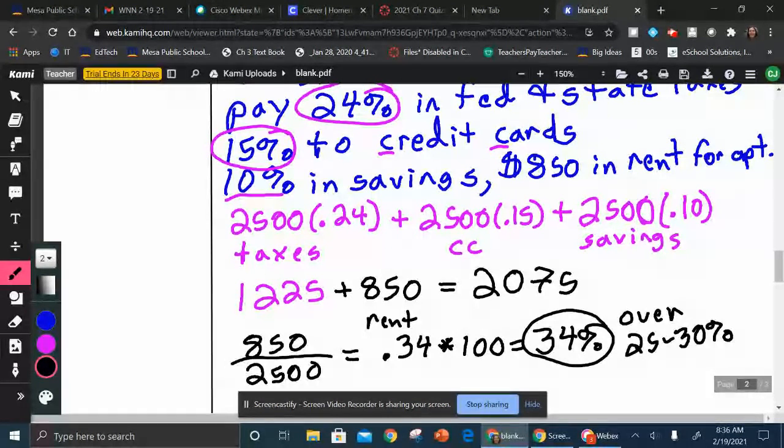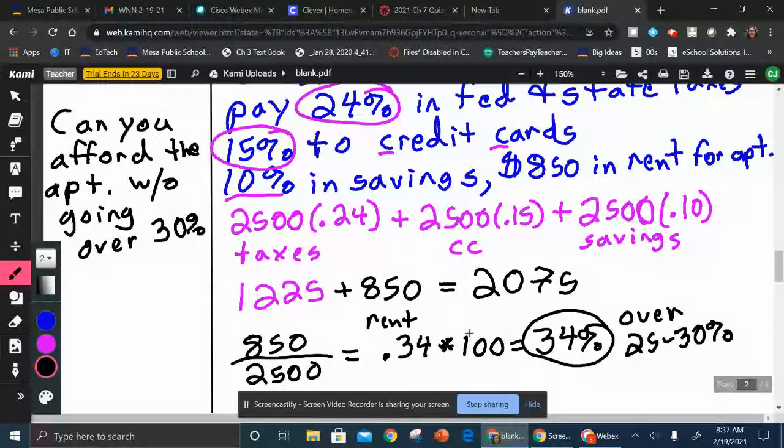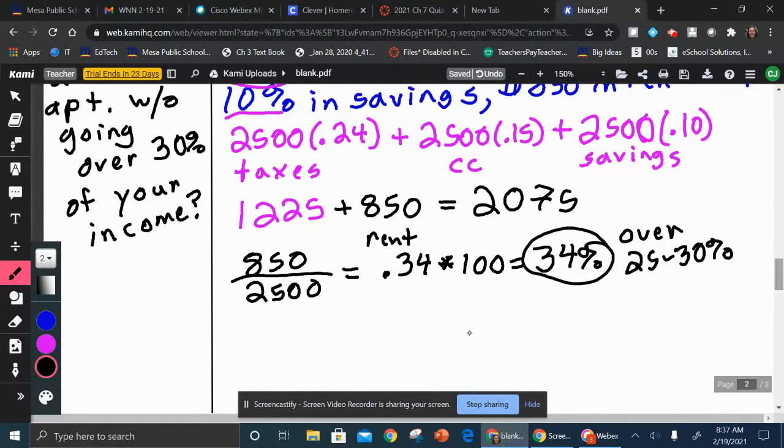So we want to know, can you afford the apartment without going over 30% of your income? And the answer on this one, everybody, is no. You might need to find another way to make a little more money, or find a different apartment.